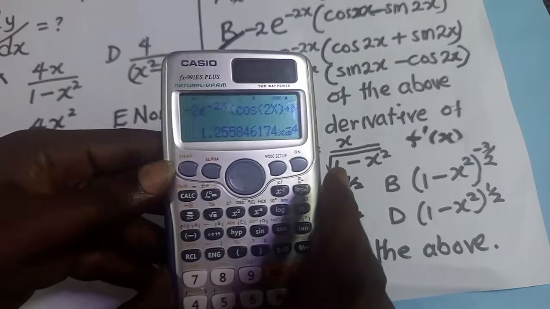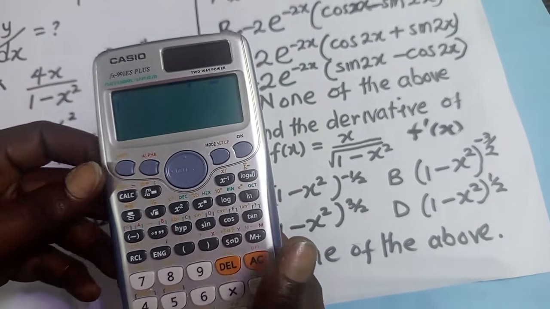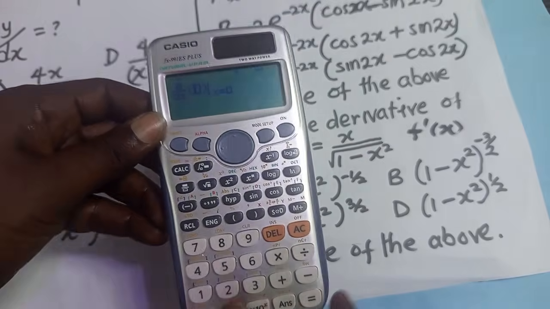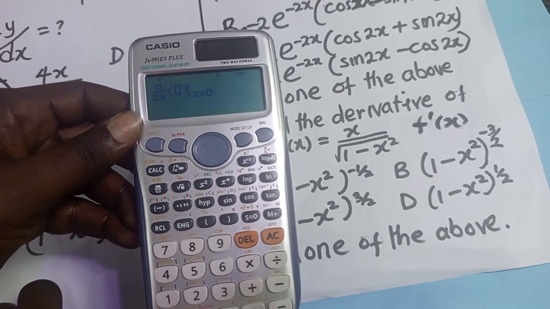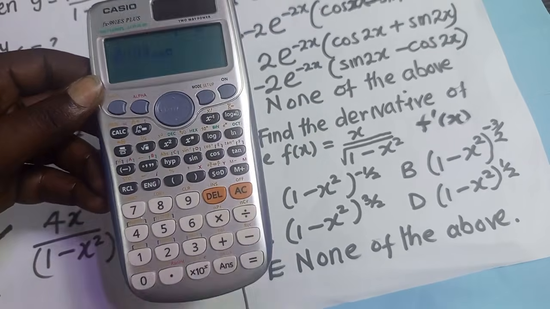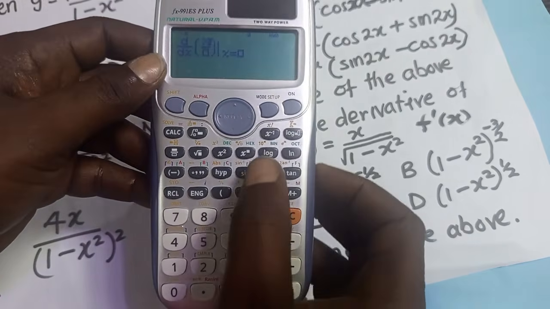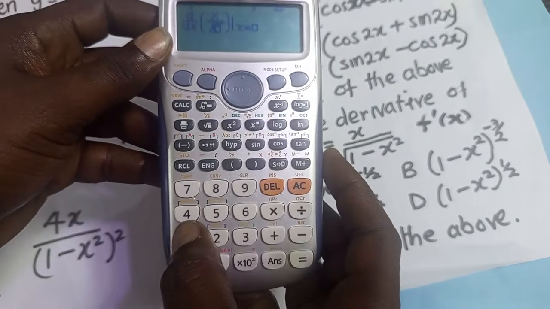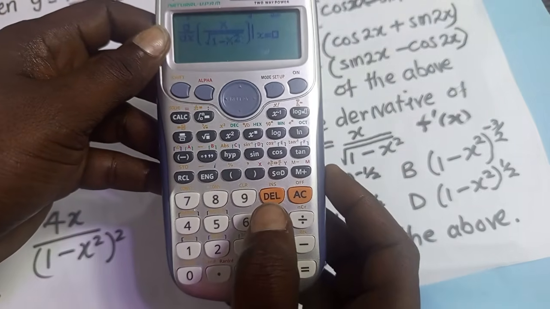Now, how do we find the derivative of that? Clear everything. First of all, you press your shift and the derivative symbol there again. Now, when you do that, don't forget that we have to input our values, which is what? Alpha x over square root of 1 minus alpha x squared. Now, I haven't done that.